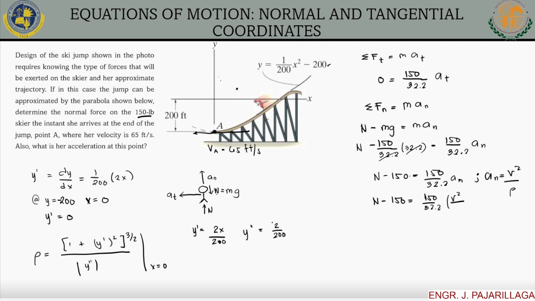Okay? So, at x equal to 0, therefore, our y prime is equivalent to 0. Therefore, rho is now equivalent to 1 plus 0 raised to 3 halves over 2 over 200, which will give us 100 feet. This is the radius of curvature.